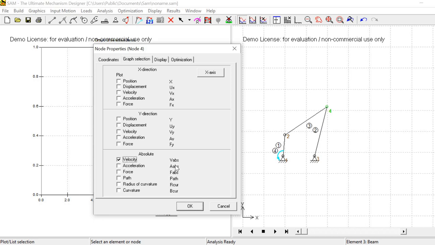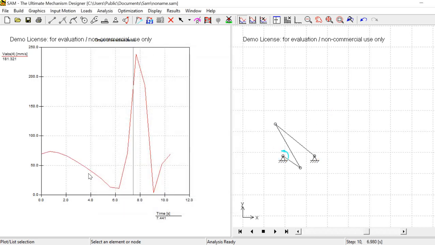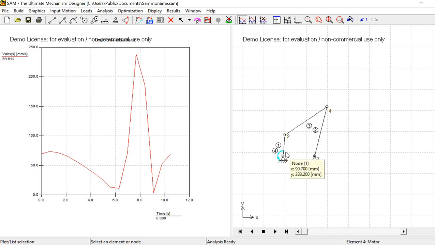After that only you will have the graph. So I'm going to click this velocity absolute and click this OK. If I click like that, the graph is similar to this. So here the main thing is, in the beginning I have marked it as 85. So I am getting the graph for the time period versus this absolute velocity.